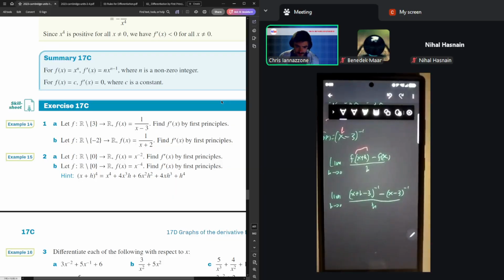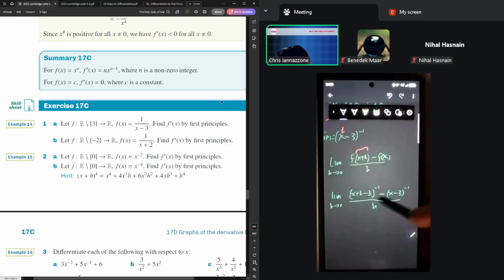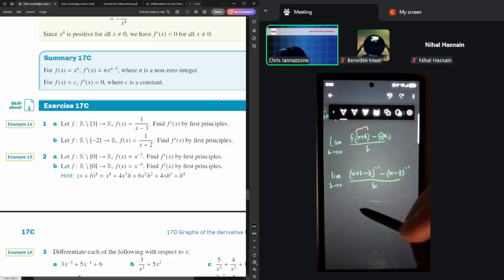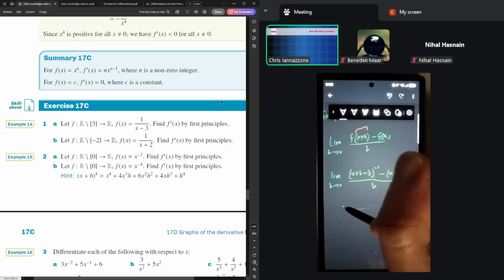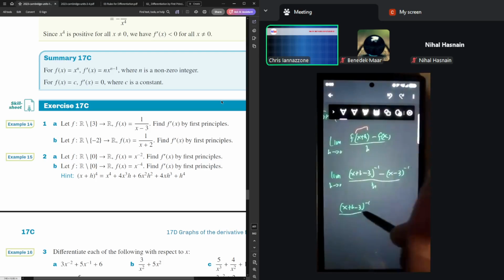These are pretty nasty, because in order to solve these more properly, expanding that out doesn't seem overly reasonable. And so one of the things I would suggest here would be to split the fraction up. Because you've got a plus or minus separating the terms, you can now do these in separate fractions. You've got x plus h minus 3 to the power of negative 1 over h, minus x minus 3 to the power of negative 1 over h.